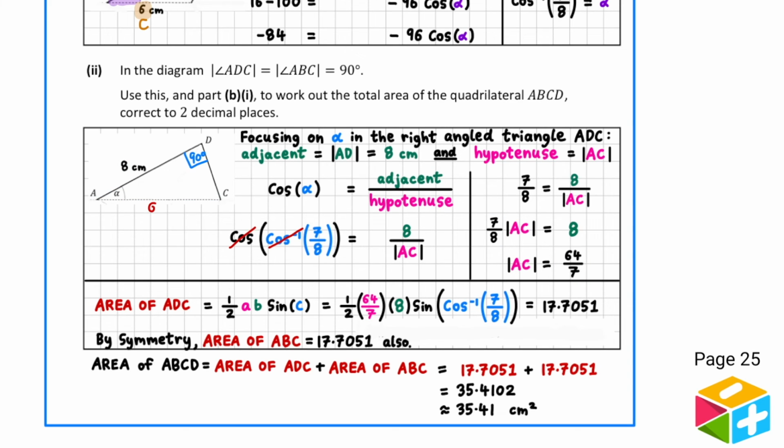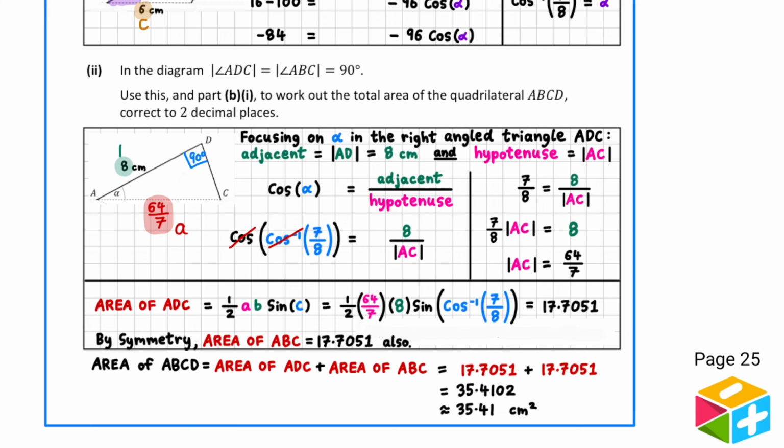Now that we know the length of AC, we have 2 side lengths and the angle in between. So we're ready to use our formula for the area of a triangle. A half times a times b times sine C. Here, we can let a be equal to the side length AC, which is 64 over 7.